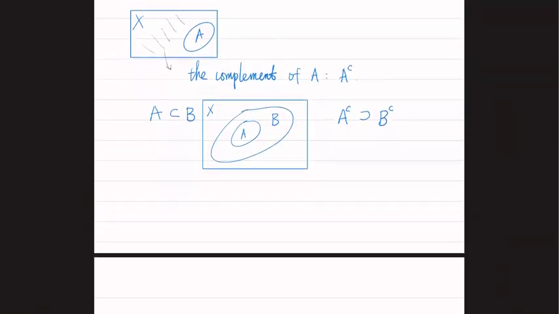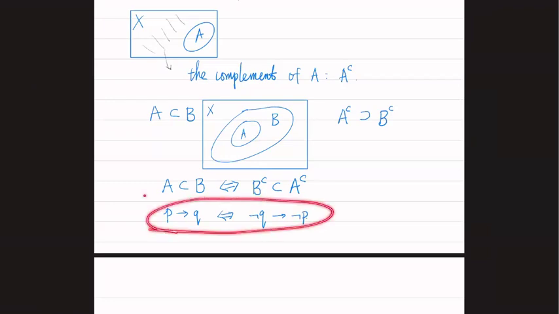Now we can rewrite this: A is a subset of B is equivalent to complement of B is a subset of complement of A. This is exactly the logic behind the contraposition. So P implies Q, negation of Q implies negation of P. The connection between the logic and the Venn diagram.